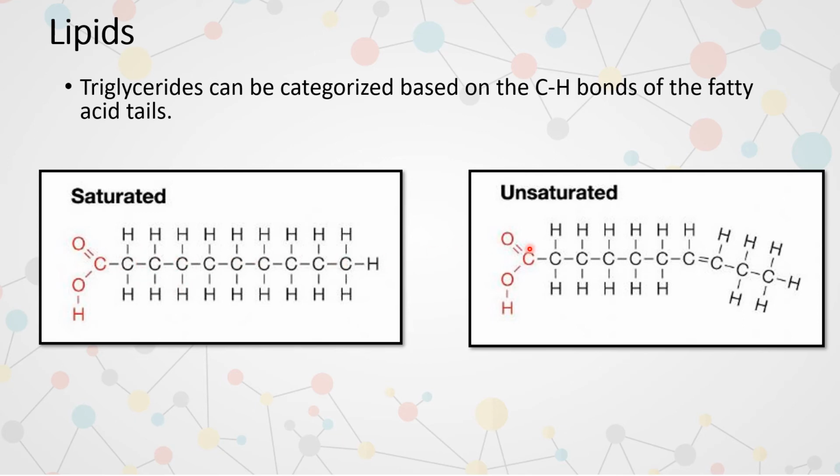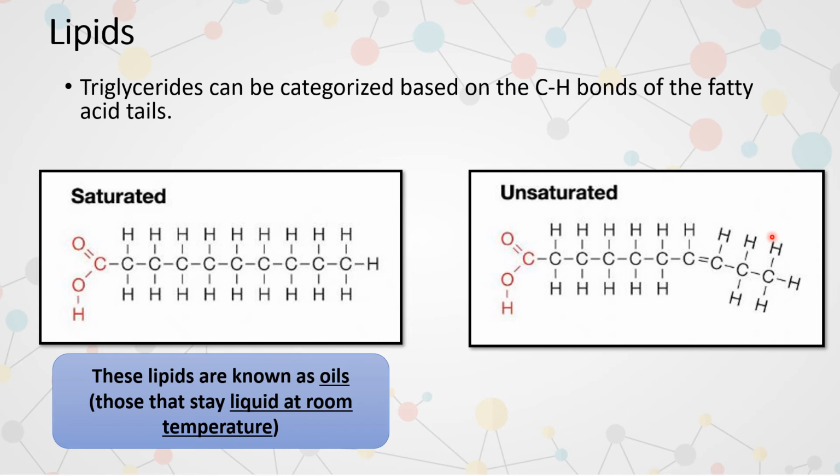On the other hand, the fatty acid attached can be bent. So what is the difference? It means this fatty acid is saturated and this fatty acid is unsaturated. Saturated means single bond with carbon. Unsaturated means there's a double bond with carbon.